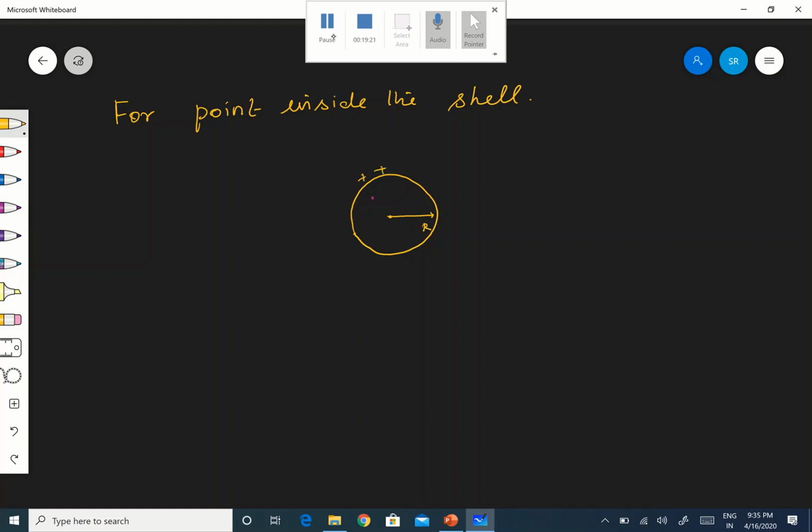The charges here are uniformly distributed, and now if I draw a Gaussian surface, this will be the Gaussian surface.